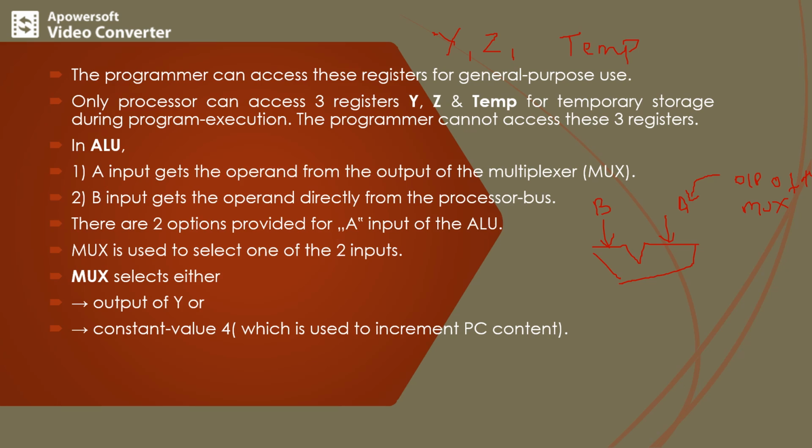Similarly, input B gets the operand directly from the processor bus.